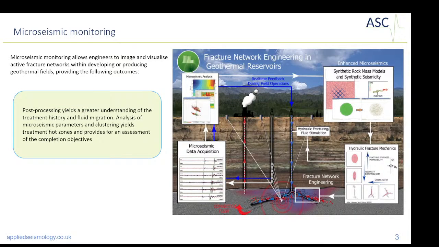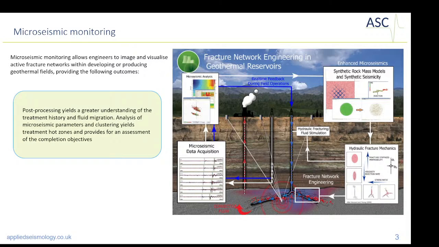But not only is real-time feedback important, also in post-processing, microseismic monitoring and the analysis of seismic catalogues yields a greater understanding of the treatment history and the fluid migration.